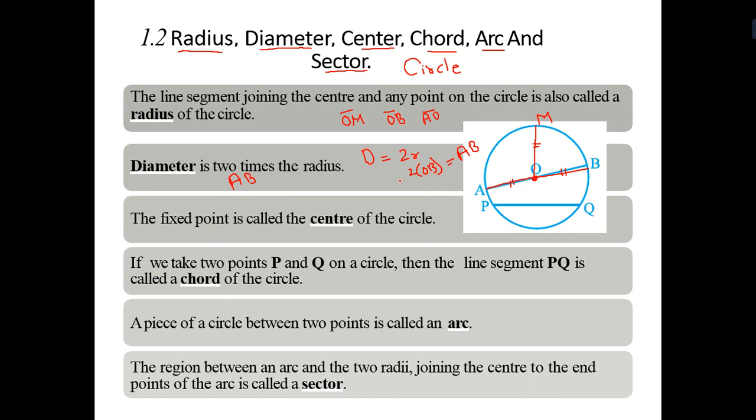So it is easy. If radius is equal to 5 cm, then diameter is equal to 2R. The definition of diameter means diameter is a chord, also the longest chord, which passes through the center.